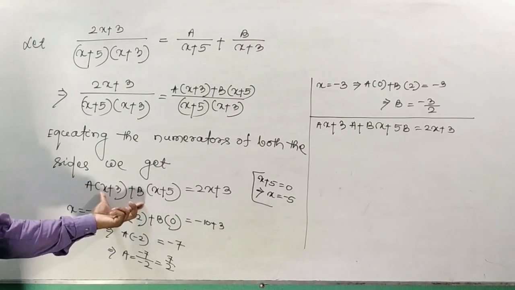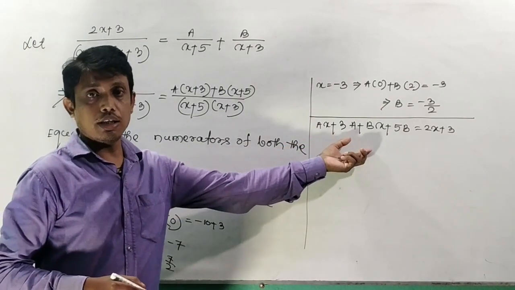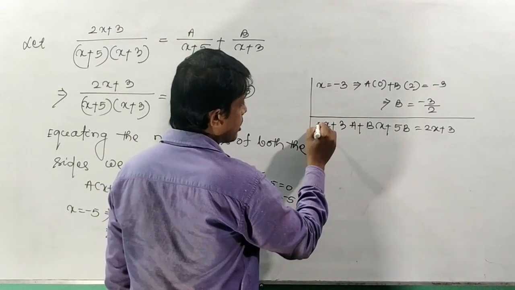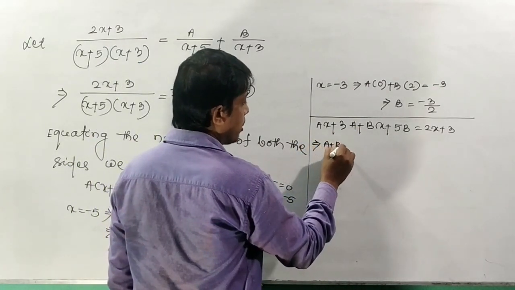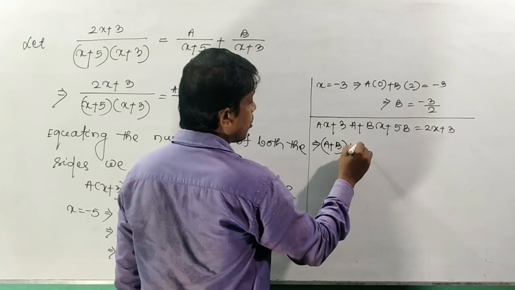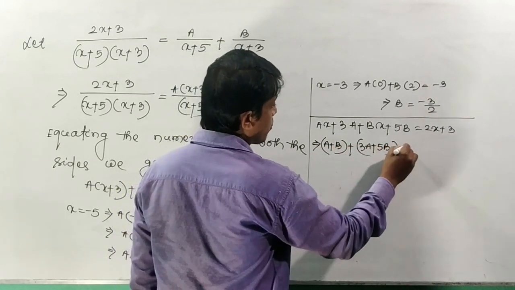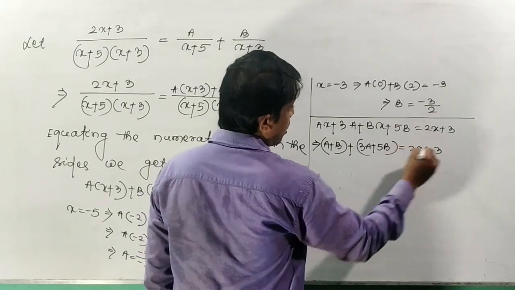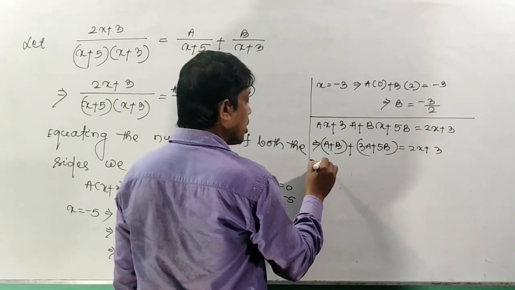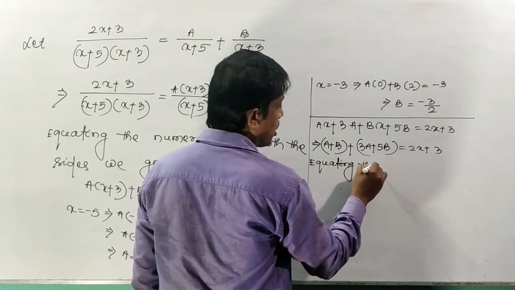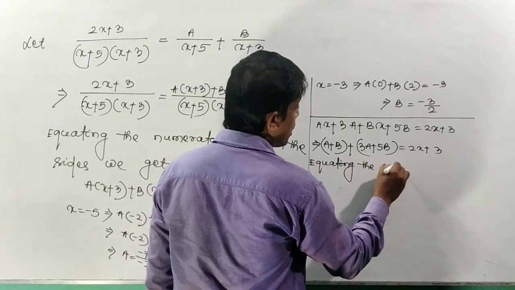This expression can be written in this form. Then taking common x, a plus b times x plus 3a plus 5b is your 2x plus 3. Then equating the coefficients.